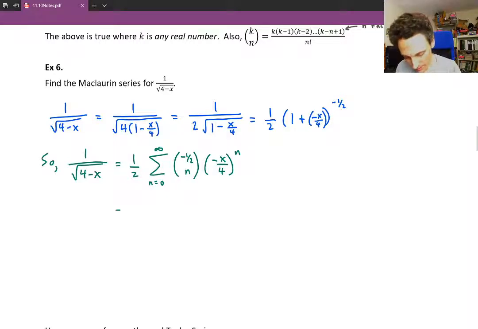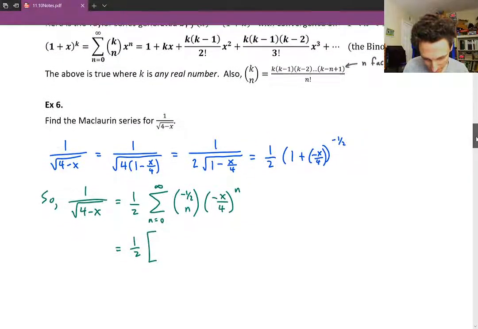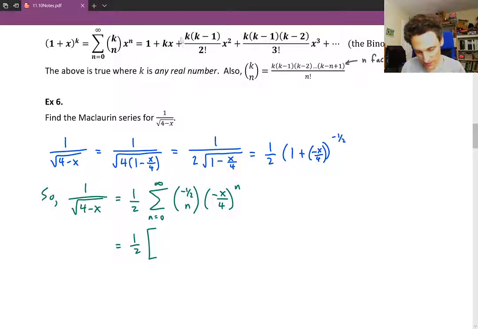So here, we're going to write the half. And then we're going to start writing it out in expanded form. Let me actually just jump up a slight little bit right here, so you can see what this expanded form is going to look like. Well, the first term is going to be 1, no matter what, so we don't have to think too hard about that one. And then we have plus.